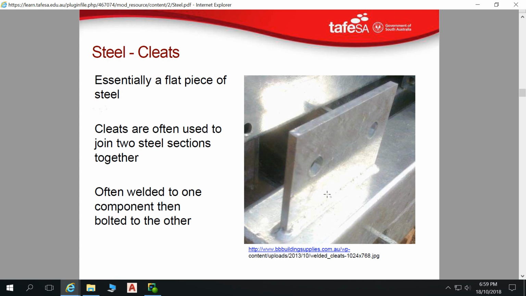So they have to be installed in pieces on site. They have to be galvanized in pieces in the factory. So you've got various different jointing mechanisms, and a cleat is a really common way of joining these steel sections.